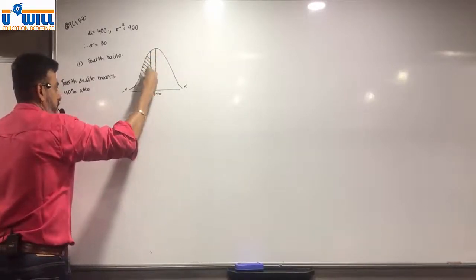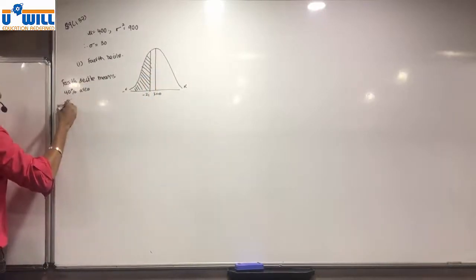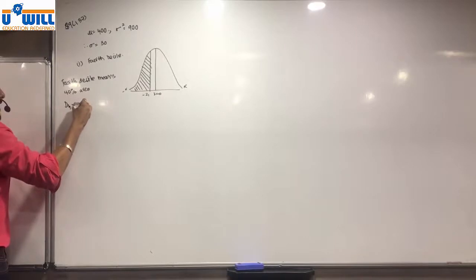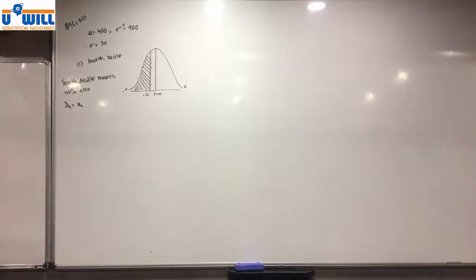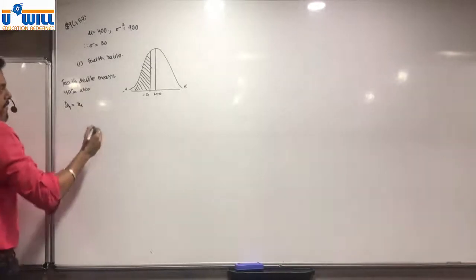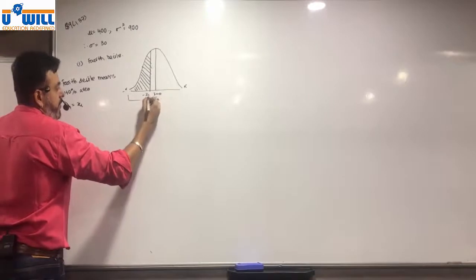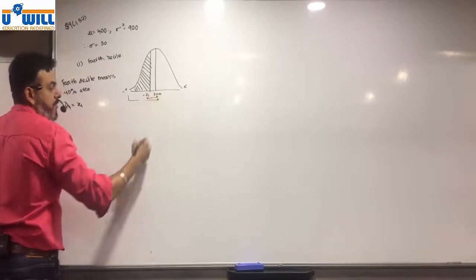We draw the graph. Fourth decile, D4, I'll take as X1. Now we make the equation: from minus infinity to 0, and minus Z1 to 0.